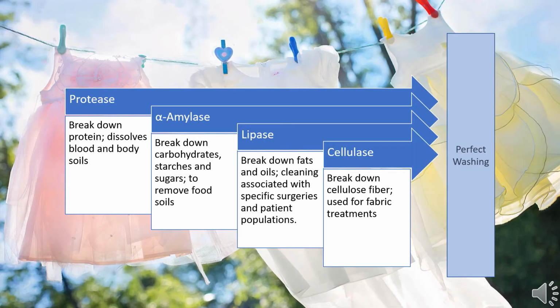One can identify an enzyme by its name itself, and it is always suffixed with "ase". Different enzymes like protease, alpha amylase, lipase, cellulase are able to break down respectively proteins, carbohydrates, fat and cellulose fibers.